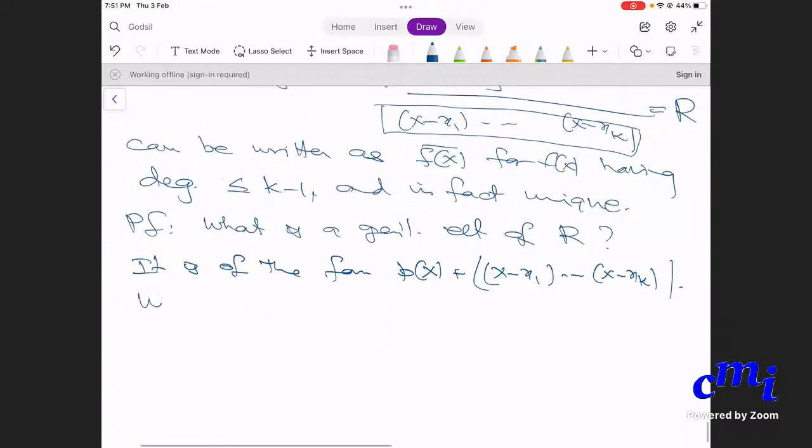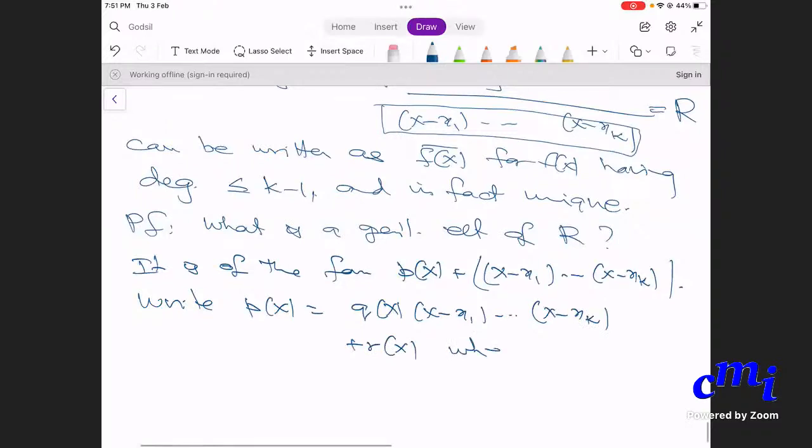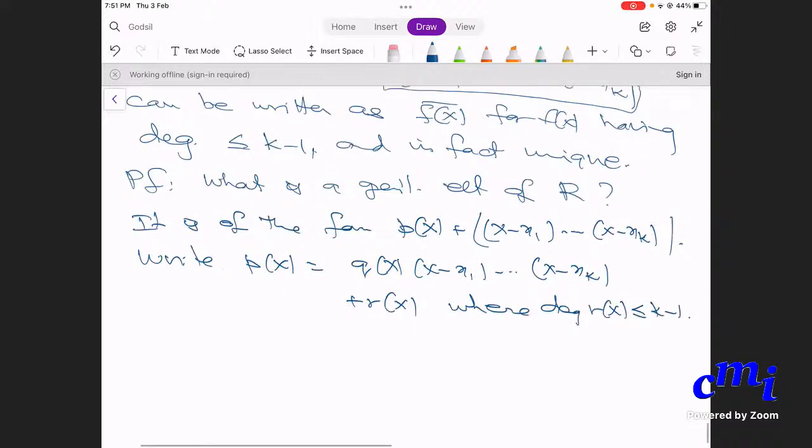So write p(x) as q(x) times this polynomial plus r(x), where the degree of r(x) is at most k minus 1, strictly smaller than k. That's what the Euclidean algorithm for polynomial rings over a field says. So I can always write my p(x) in this form.